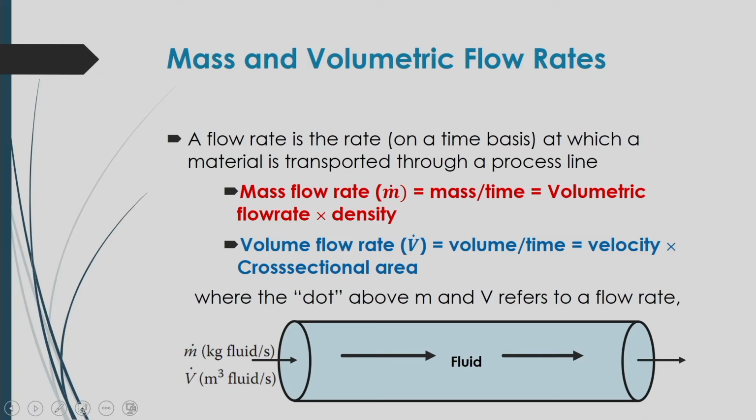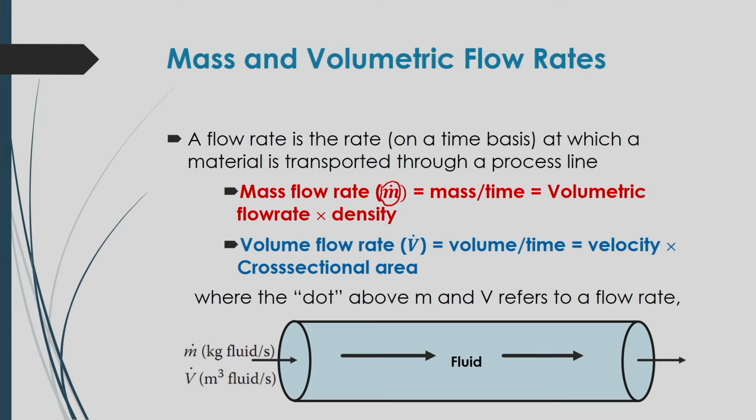If it is expressed in terms of mass, it is called the mass flow rate, and if the expression is based on volumetric flow, it is regarded as the volumetric flow rate. Now, the mass flow rate is generally denoted by m dot.